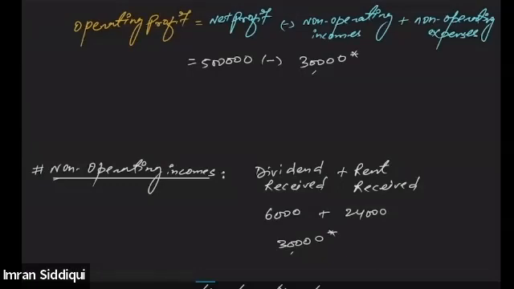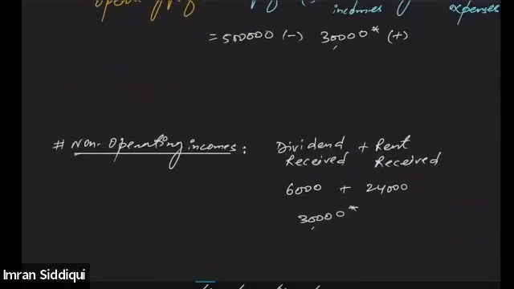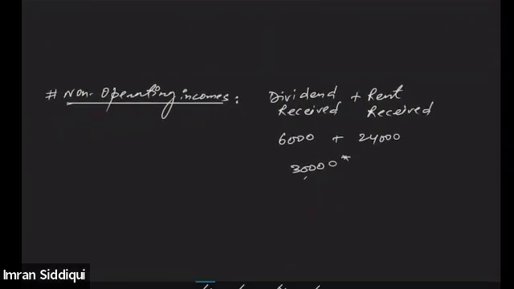All right, I hope this is clear, everybody. Yes, sir. And accordingly, we need to figure out the non-operating expenses as well. So for that, we make another working note.